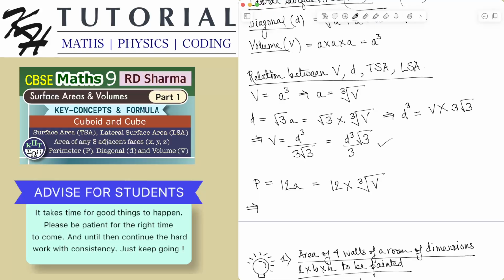If I take cube, P cube is equal to cube of 12, which is a large number, into V. The better way is V will be equal to P by 12 cube. So this is V in terms of P.